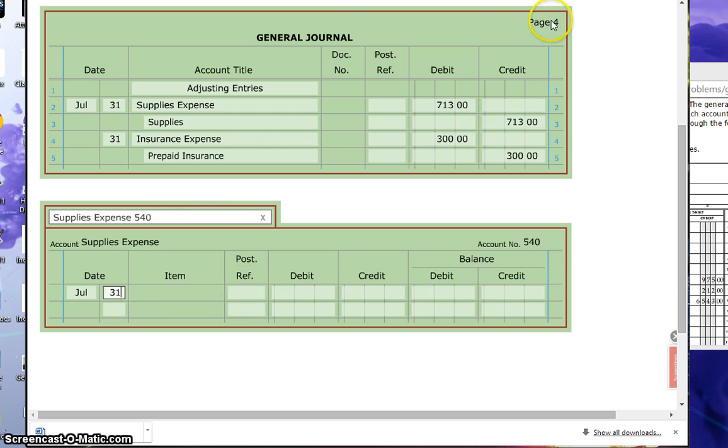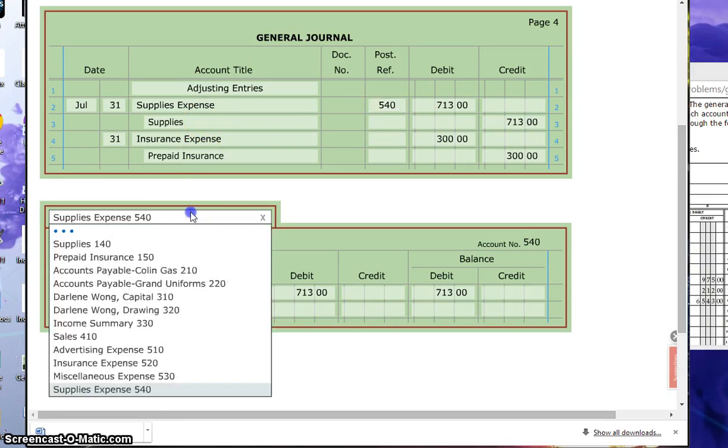And our post reference is General Journal page 4, so G4. It is a debit for 713, so we bring down the 713. And we know that any expense account has a normal debit balance, so we just carry that over to the debit balance. And then we show that we recorded it by taking the 540 and plugging it in right here.